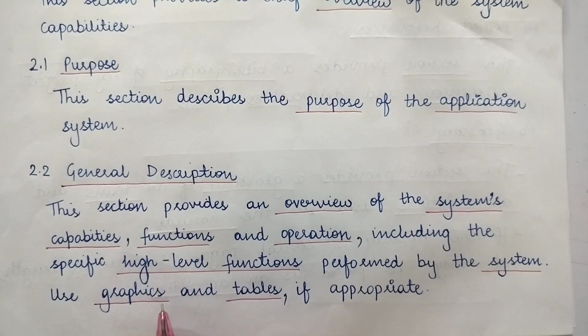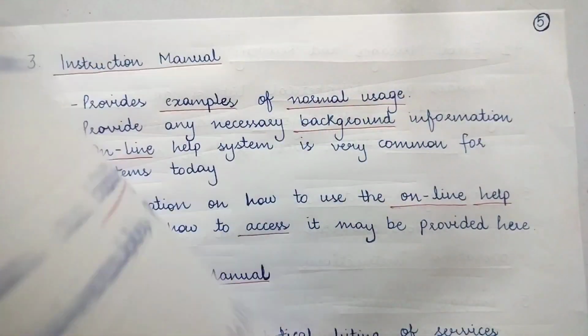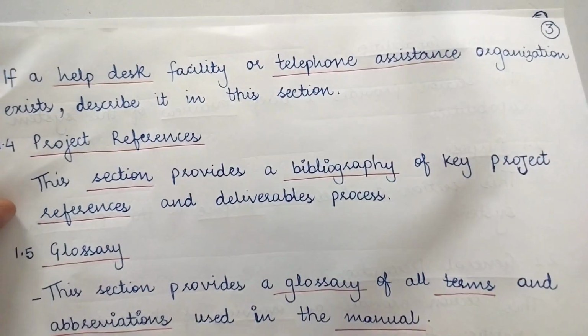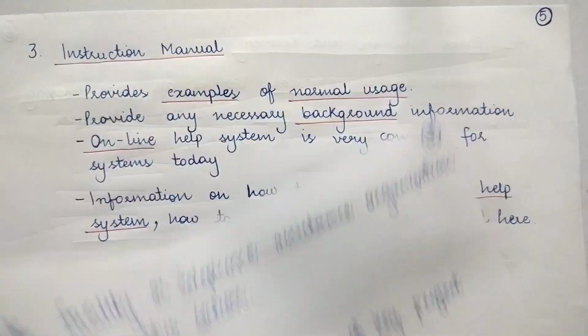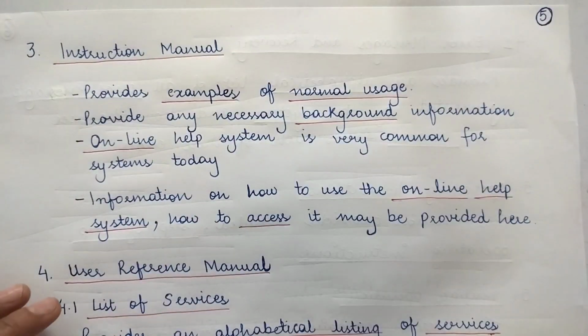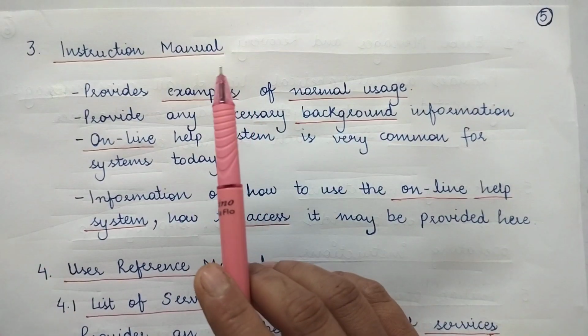If there is a requirement or scope for graphics and tables in this, then they must be used at appropriate places. Again, if a help desk facility exists, it must be provided in this section.